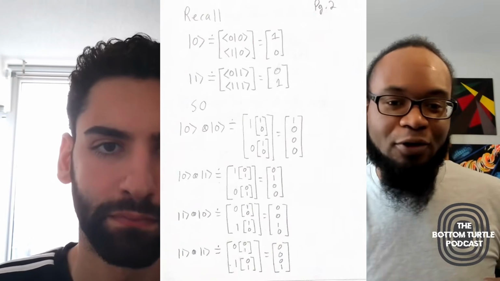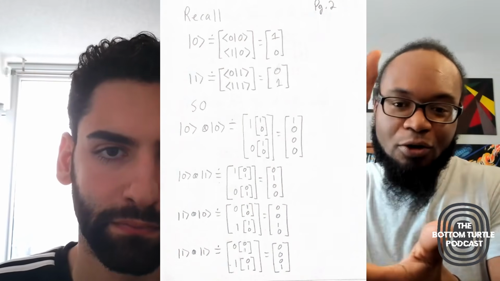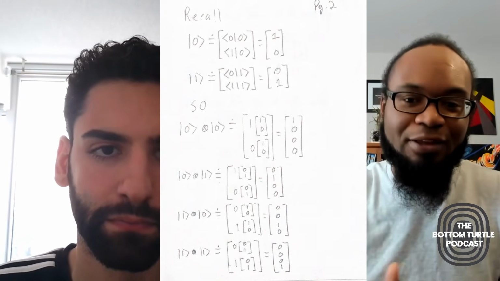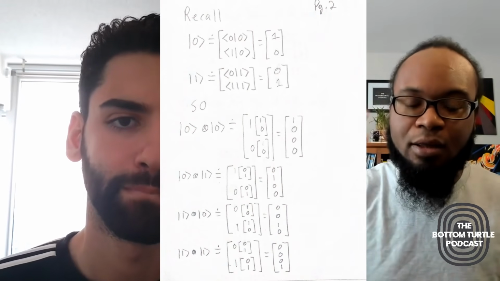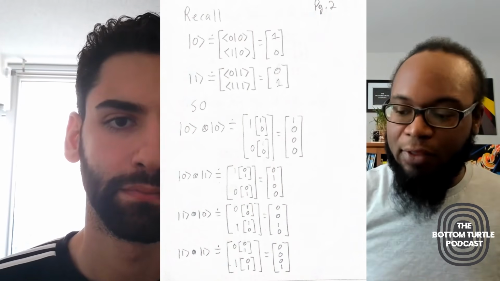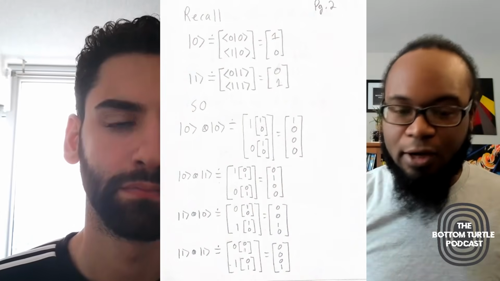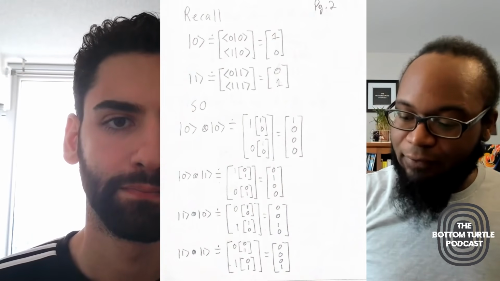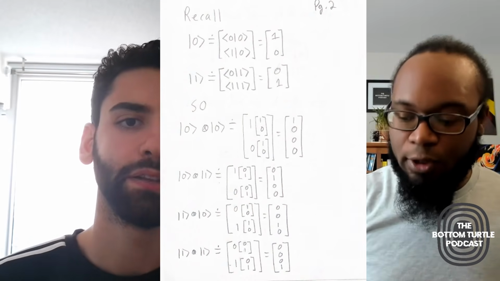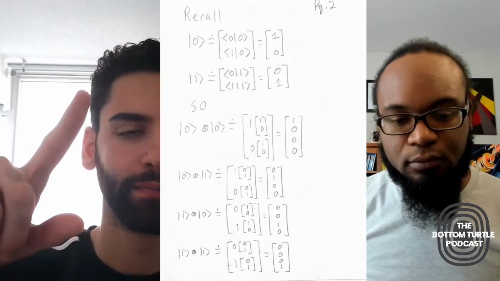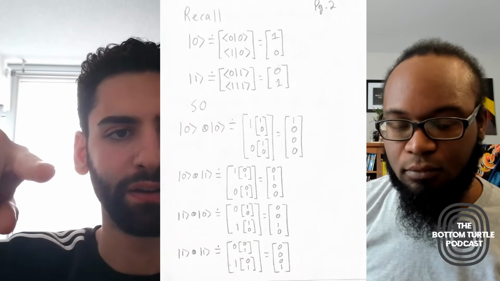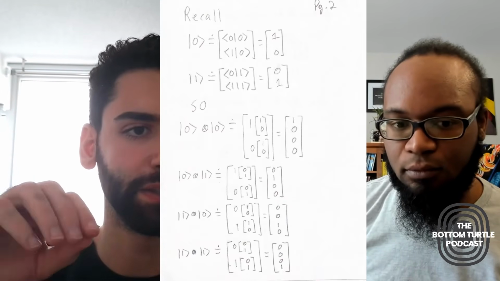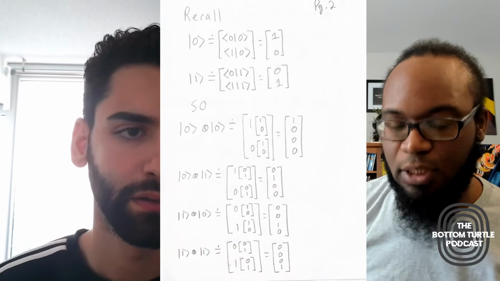You can pick up your quantum mechanics textbook, go to the page, and it says this is how we turn these things into vectors. The 0 represents the vector (1, 0), and the 1 represents the vector (0, 1). It's important to note that the zero with the dash and the triangle on the right doesn't represent the number zero. It represents a vector.